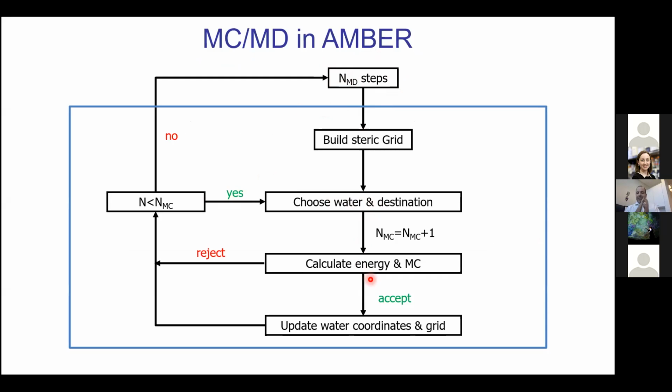We calculate the energy and apply the Monte Carlo criterion. If it is rejected, we just go to the next step. If it is accepted, we update the coordinates of the water molecules and the coordinates of the grid. And then we keep on doing this until we reach the predetermined number of MC steps. Once we reach this number, we go out again and perform the MD.